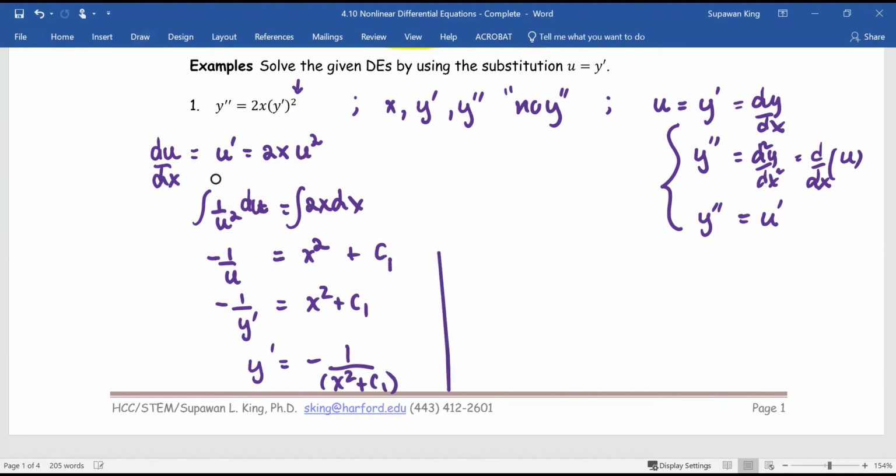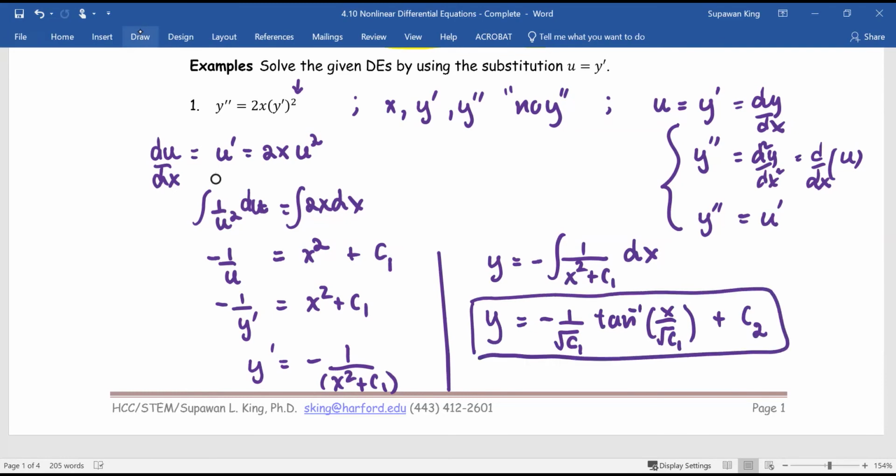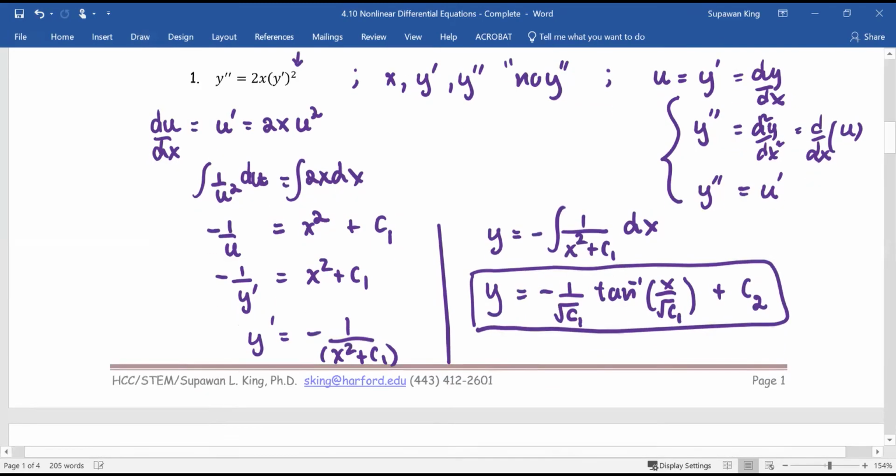Next, we're going to solve for y by finding the antiderivative of negative 1 over x squared plus c1 with respect to x. Therefore, y is negative 1 over square root of c1 times the inverse tangent of x over square root of c1, plus another constant of integration c2, as the general solution of this nonlinear equation.